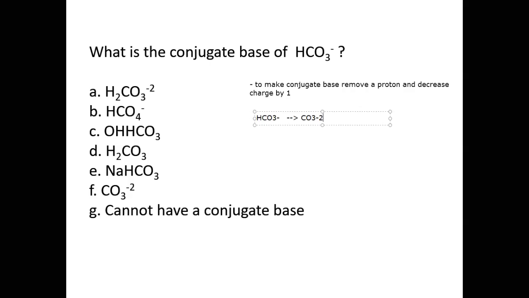So that is the conjugate base. Carbonate is the conjugate base of bicarbonate. Now H2CO3 is the conjugate acid. If it asks what's the conjugate acid, you would add a proton. The others are just made up.